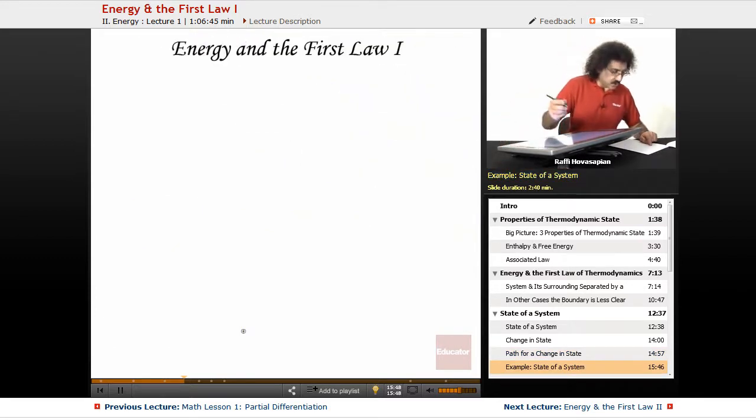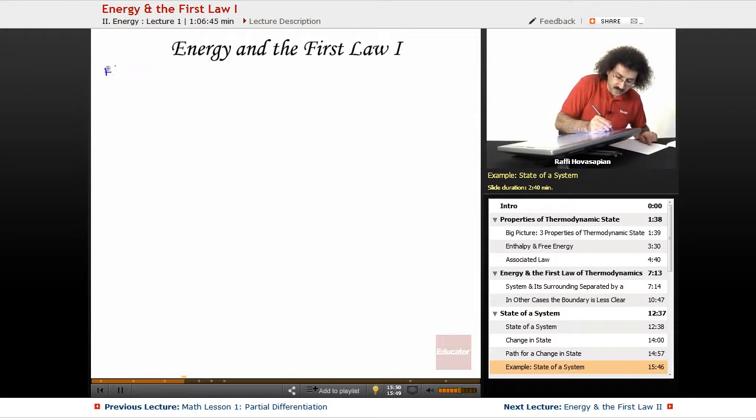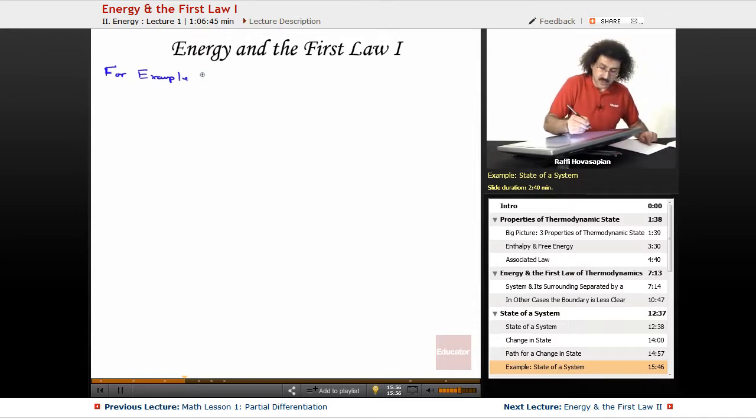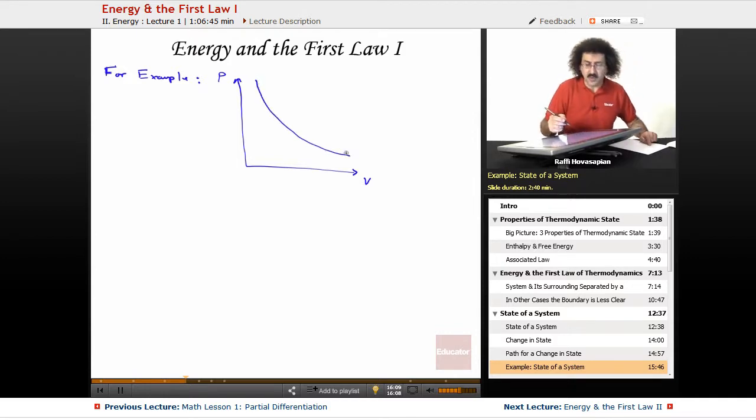So if we wanted to take a look, let's do a quick example, and we'll go ahead and use something that we're going to be using a lot of, a pressure volume graph. So pressure and volume, let's use one of the isotherms. You remember the isotherms? If you're going to keep a temperature constant, you're going to end up getting a graph, the relationship between pressure and volume.